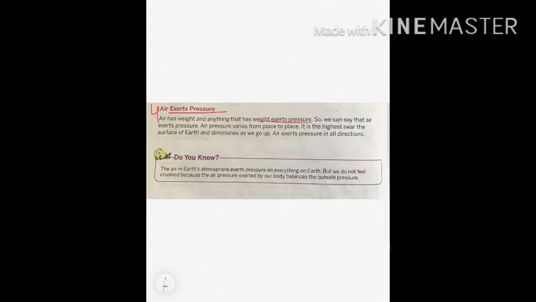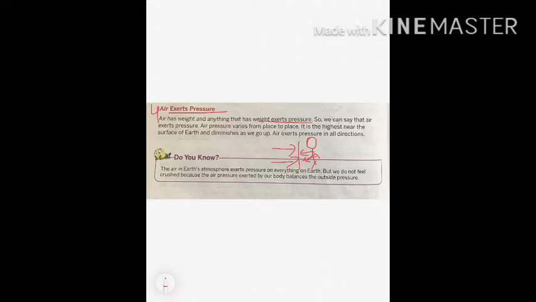That is why we are surrounded by air and our body is not crushed by the air pressure, because our body also exerts pressure and air also exerts pressure. So it gets balanced. That's why we are not crushed by the atmosphere around us.